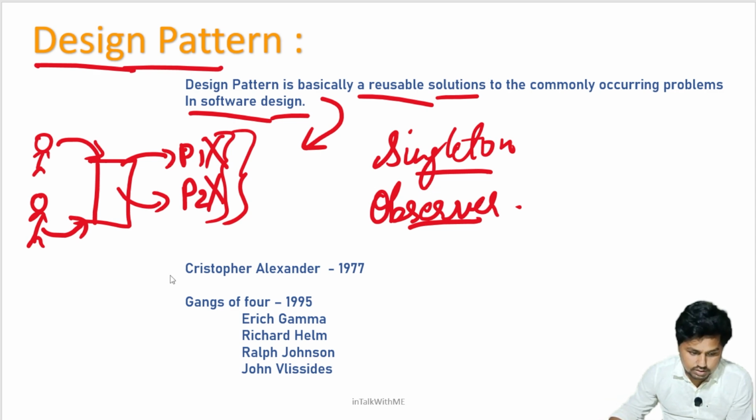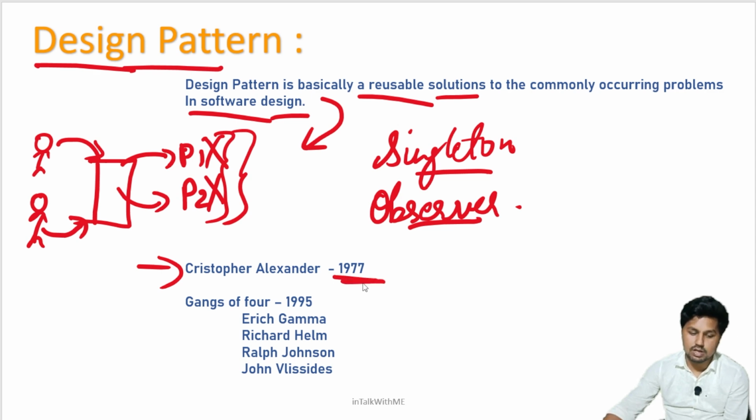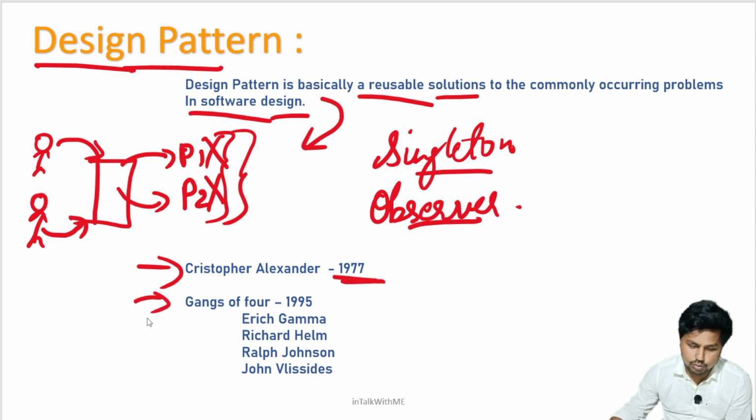Moving forward, I just wanted to mention that Christopher Alexander was the one who actually invented design patterns, in the year 1977, and after that there is the Gang of Four.